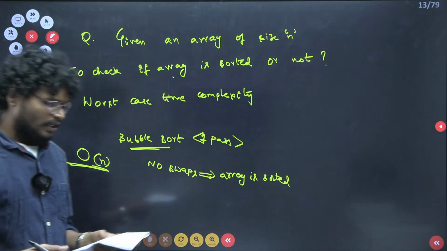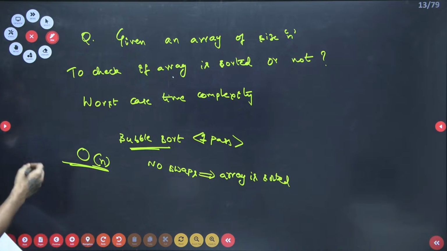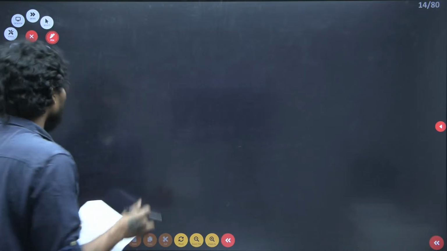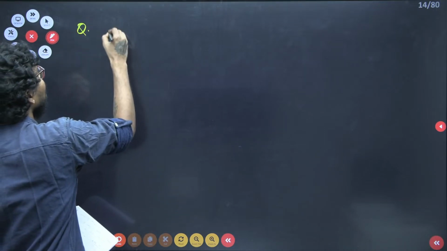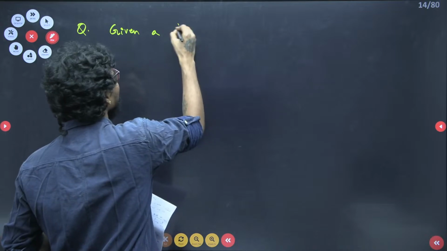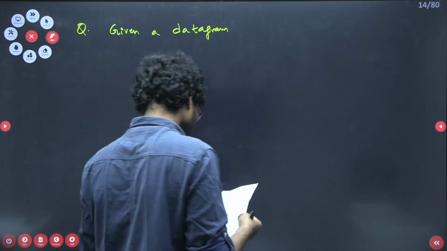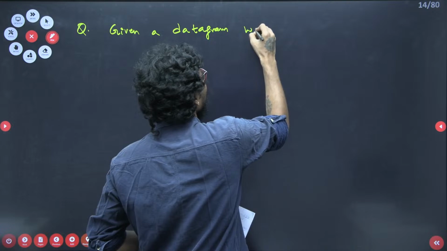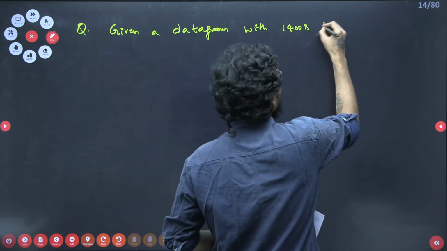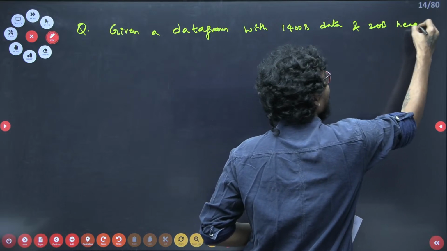Let us go to the next question from computer networks again. So we are given a datagram with 1400 bytes data and 20 bytes header.